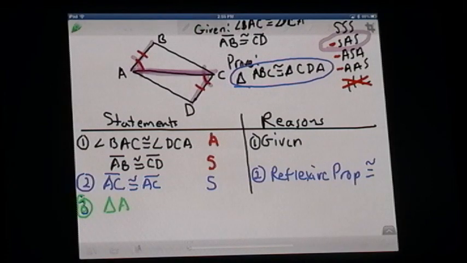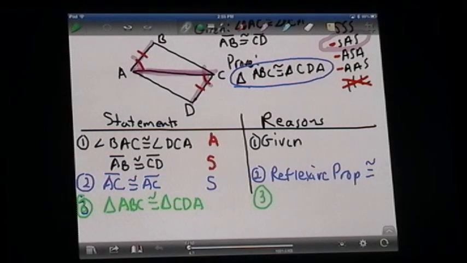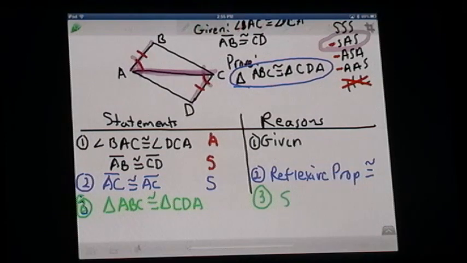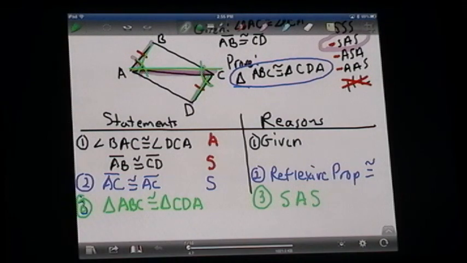Triangle ABC is congruent to triangle CDA, and that is by side, angle, side. Because the side comes first, and then the angle is between them, and then the other side. Okay, and you can stop the tape right here if you need to go back through it.